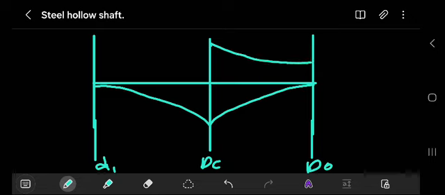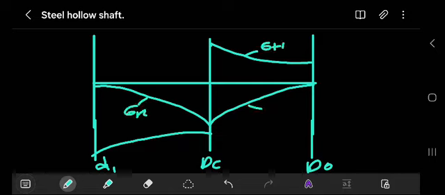Remember, this is our hoop stress, and also this is radial and hoop stress. Here we have 0. This side is positive, then negative. We know that, guys, our Cartesian plane.